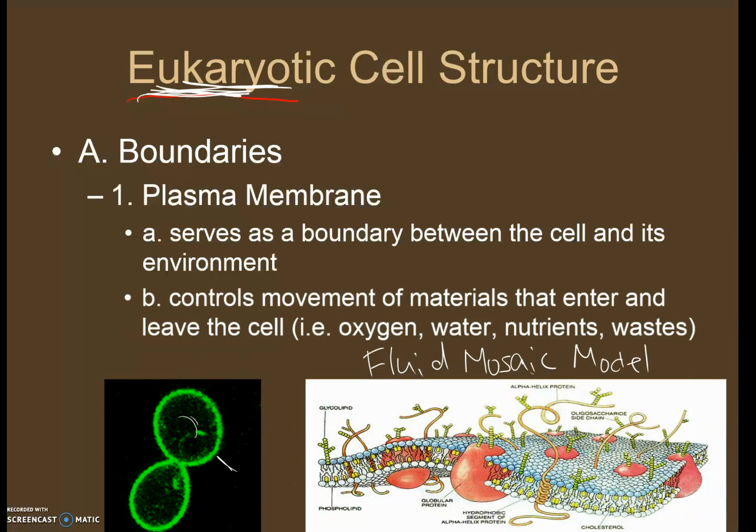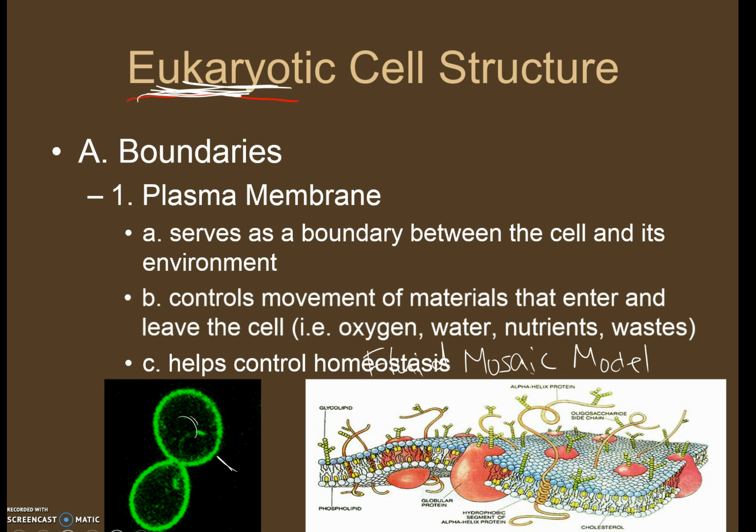As I mentioned, the plasma membrane's job is to control the movement of materials that enter and exit the cell. So not only is it like a gate around the house, but it's also like a fence around the house, but it's also kind of like a bouncer, like the person who decides whether you get in or not. The big focus, the main deal for the plasma membrane is that it helps control homeostasis.